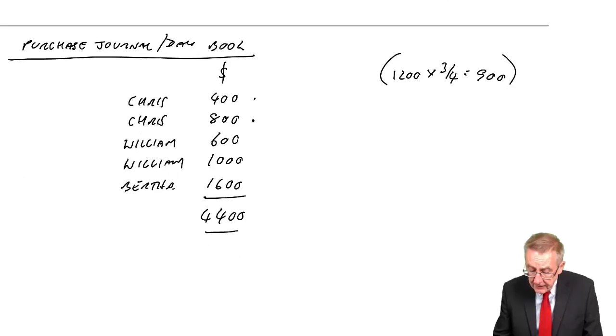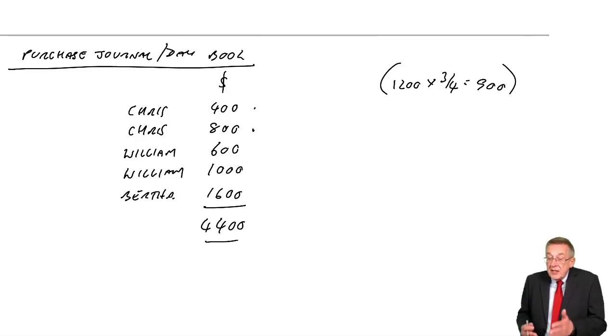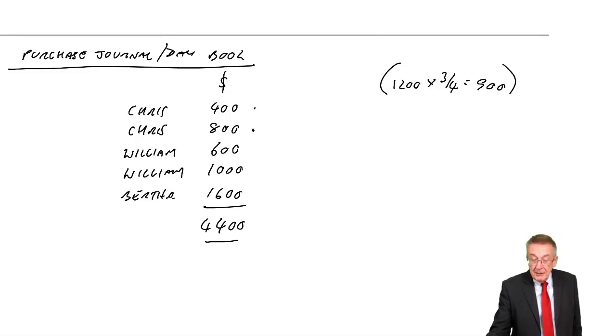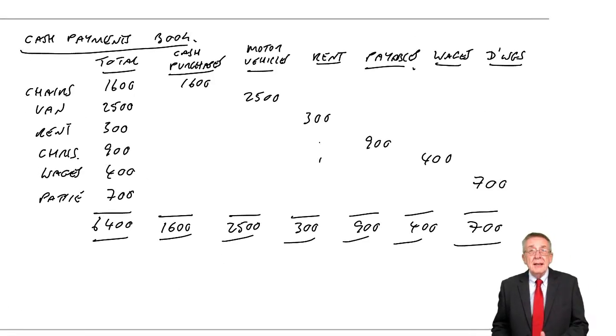And similarly, it may be time to pay somebody. It may be Chris, we're due to pay Chris partway through the month. And how much do we owe him? Well, from the purchase day book, we know how much we bought from him. From the cash payments book, we know if we've paid him anything.